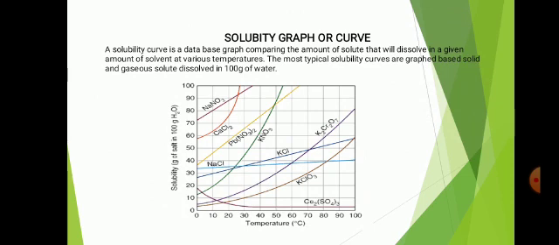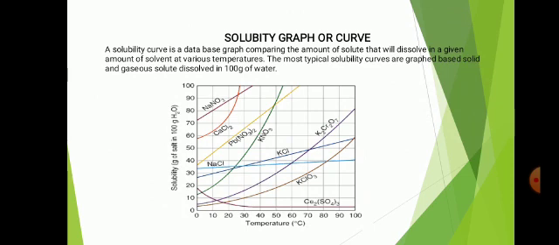Now, if you look at the graph in the figure below, you'll find that the vertical axis shows the solubility in grams, which is the mass of salt in 100 grams of water, while the temperature ranges between 0 and 100 degrees centigrade. On careful examination of the graph, you will discover that the solubility of sodium chloride is constant with temperature.